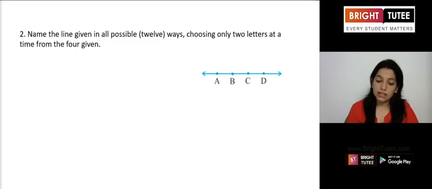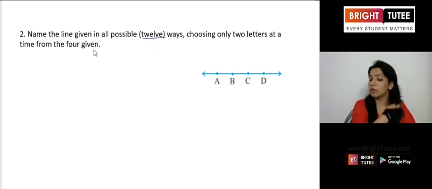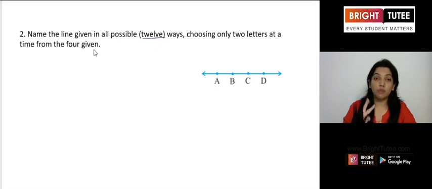It says name the line given in all possible 12 ways, choosing only 2 letters at a time from the 4 given here in the image. So let's get started. We are given 4 points, and we are going to name the line in 12 possible ways.